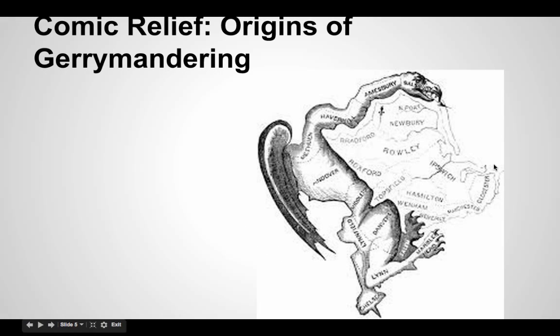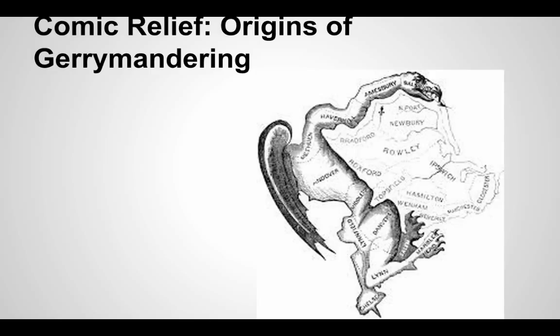But where does the name gerrymandering come from? Well, actually, the practice of partisan boundary manipulation dates back to our country's earliest history. The name is derived from Elbridge Gerry, a signer of the Declaration of Independence and vice president under James Madison.